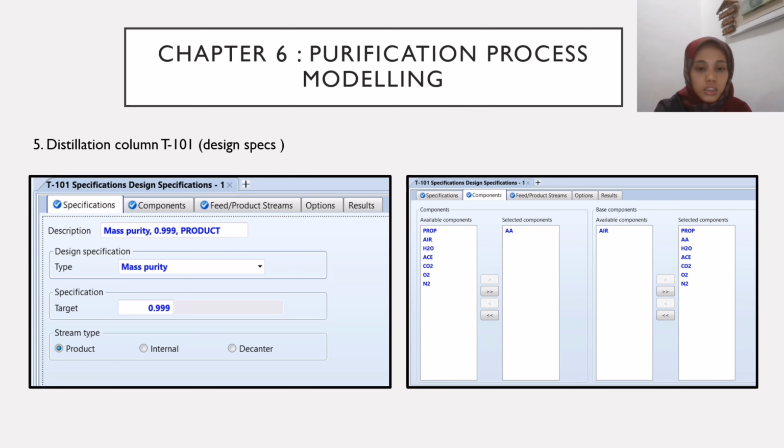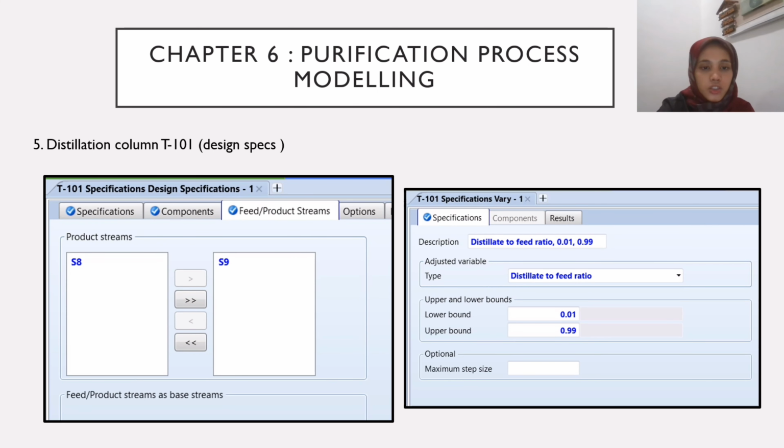Then the selected component is acrylic acid, and the selected component is all the components except air. Okay, next, stream 9 is selected as our main acrylic acid product, which will be produced in S9.